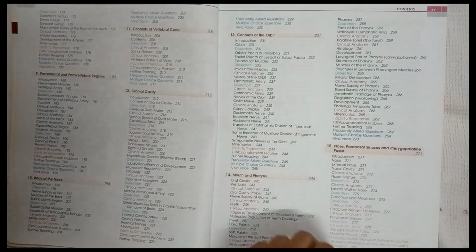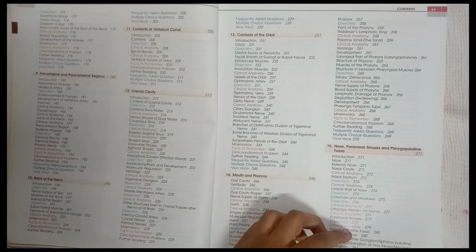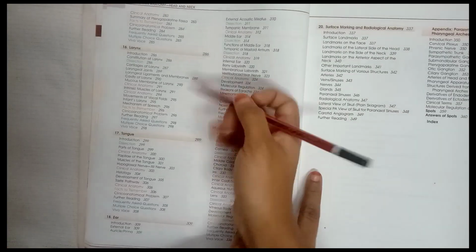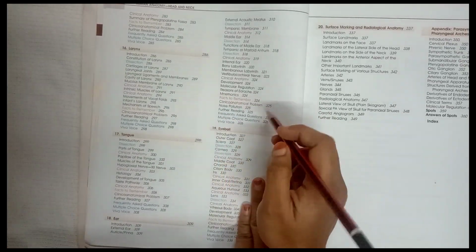Mouth and pharynx are also present, and nose and paranasal sinus is important in the third year because you have an ENT subject. Larynx and tongue are also present, and the eyeball is also for ophthalmology.